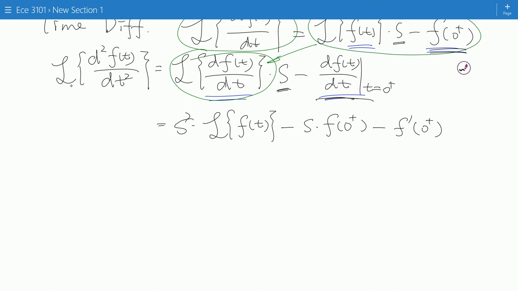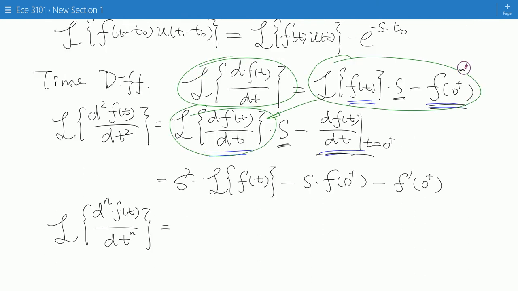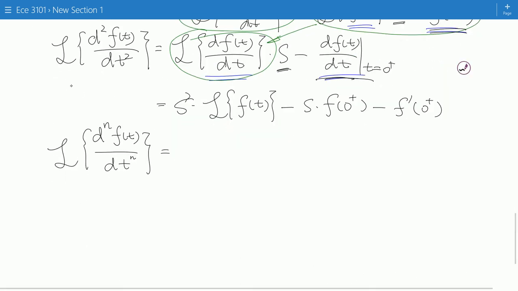Now in general, we can do it not for 1 or for 2, but for n. And we'll apply this philosophy. If it's the first derivative, s times it; second derivative, s squared. So the nth derivative has s to the power n times the Laplace transform of the original function f of t.